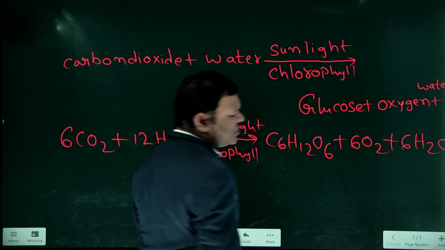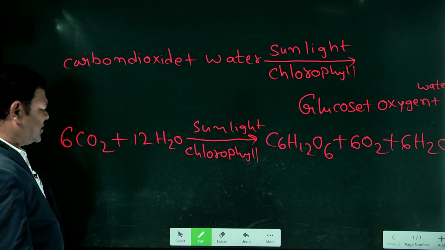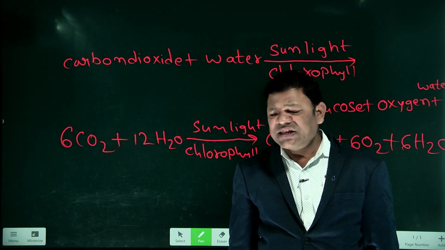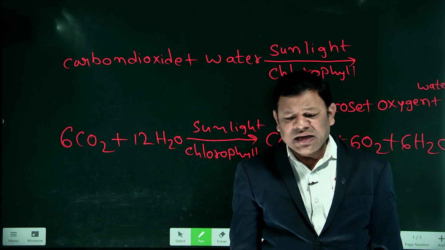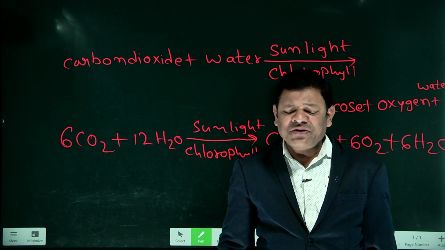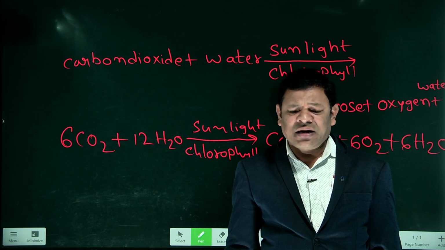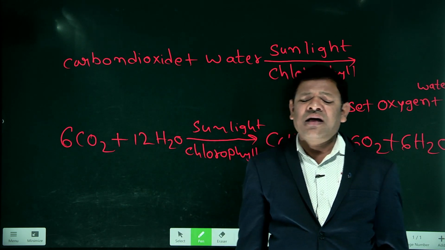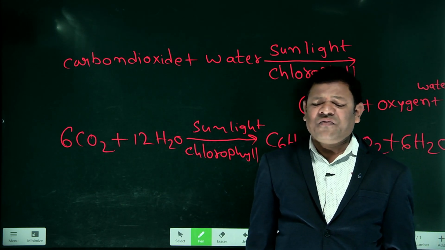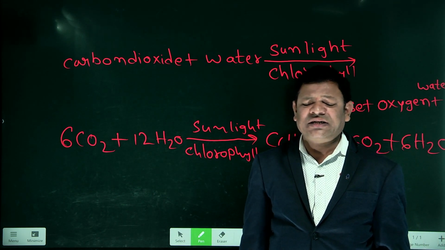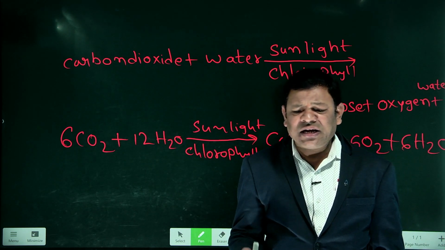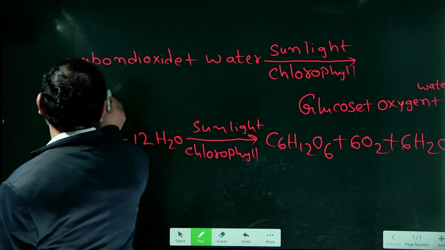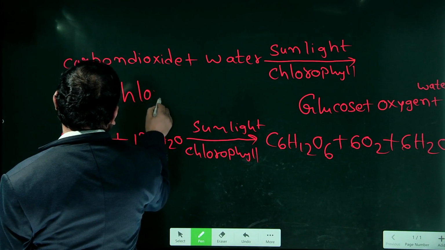So this is the equation for photosynthesis. Photosynthesis occurs in the green plants only. This mechanism occurs in the leaves. Leaves are the food factories, the kitchen of the plant. Leaves are green in color because of the chlorophyll. Actually, photosynthesis occurs in the chloroplast.